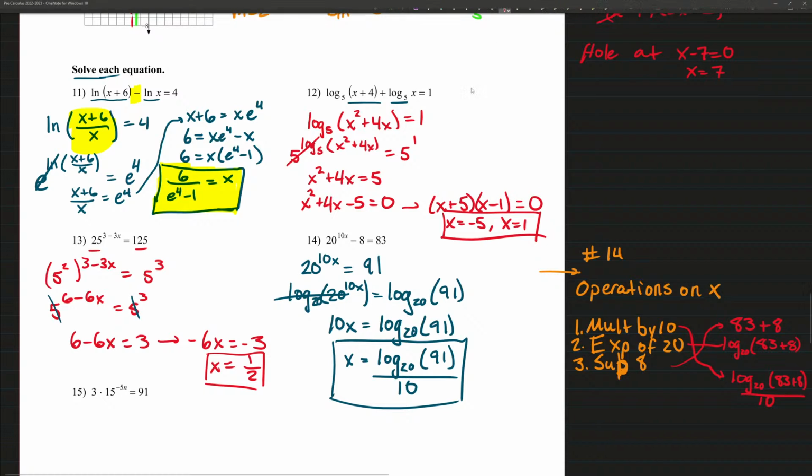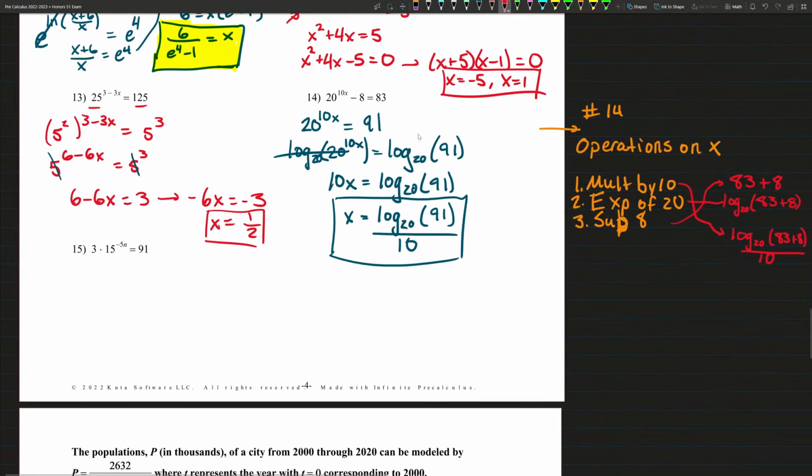Same thing for number 15. 15 is a little bit simpler. 15 says we're going to divide by 3 on both sides. We have to cancel out the base of 15, so we're going to take log base 15 on both sides.